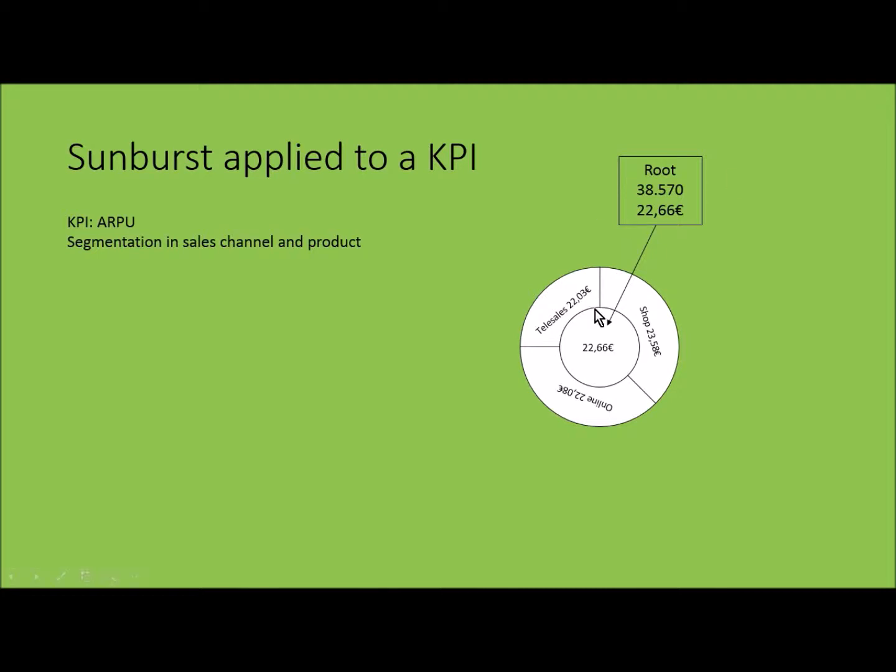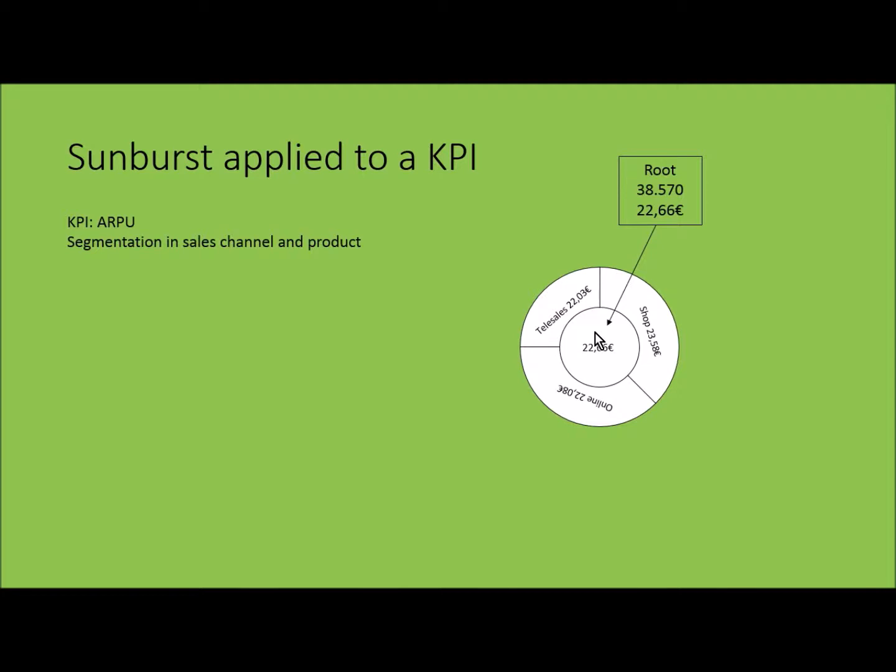So in the center, we've got the global value of the KPI for the whole collection of data that we have. So here I put it aside, but we've got 38,570 sales in our analysis, and they are producing an average revenue per user of €22.66 as global.